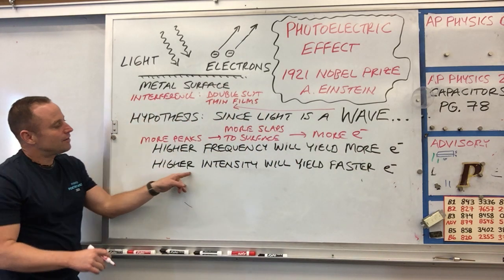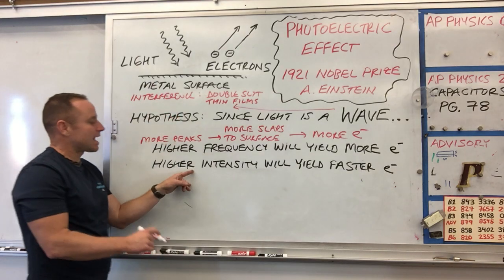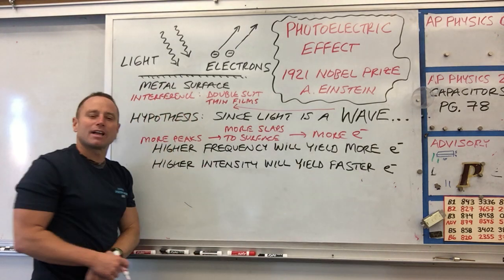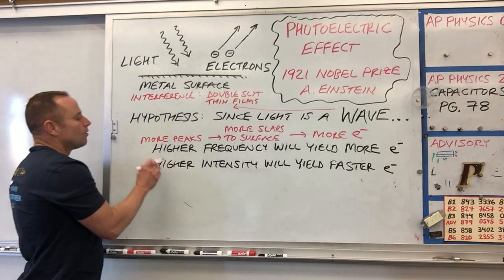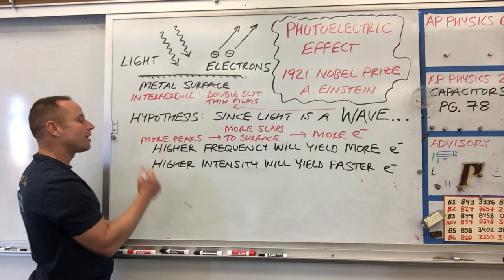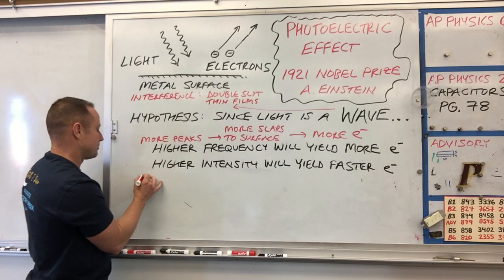The other thing that was hypothesized was that if you came with a higher intensity, that would give faster electrons. Well, why did they think that? If you're thinking of light as a wave, what does intensity mean? Well, that's taller peaks, like bigger peaks.